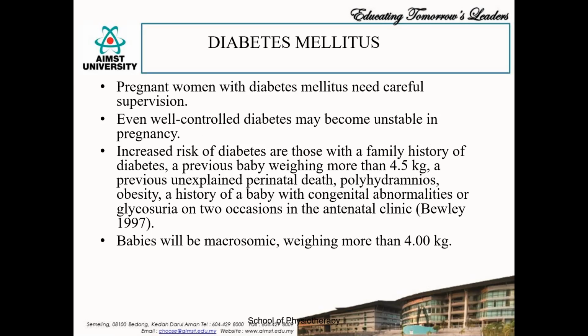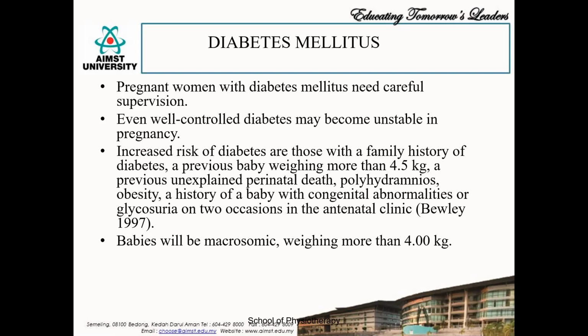If it is not under control, sometimes they admit her in the hospital and give the injection. An increase in the diabetes will lead to an increase in the baby's size. The baby will become very big, which reduces the chance of a normal delivery, and they have to go for a cesarean section.